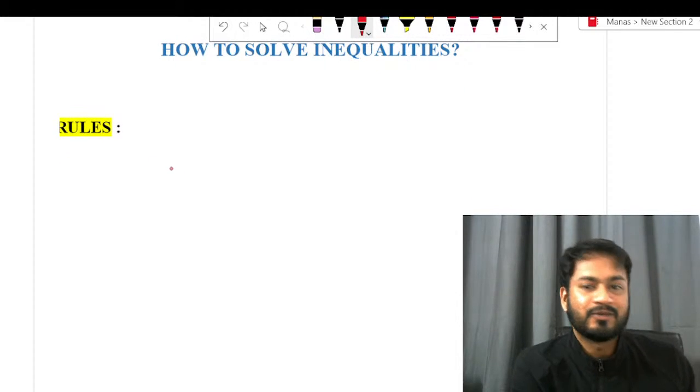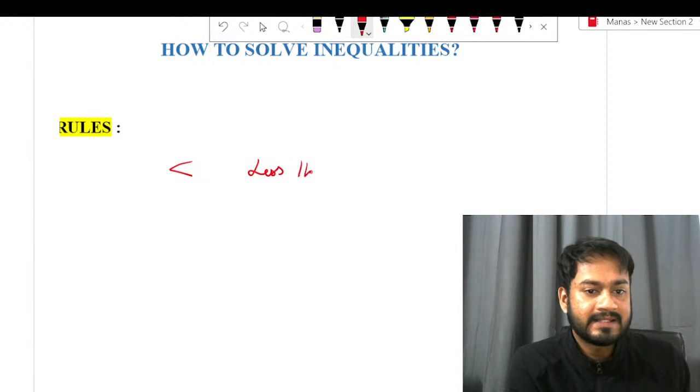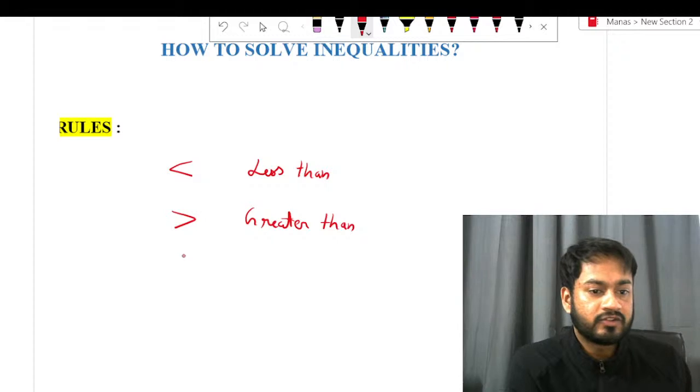The first and most important thing is we need to know about the signs. These are the sign symbols. We already know this is the less than sign. This is the greater than sign. Children, we need to know about the signs first, then only we can solve this topic.